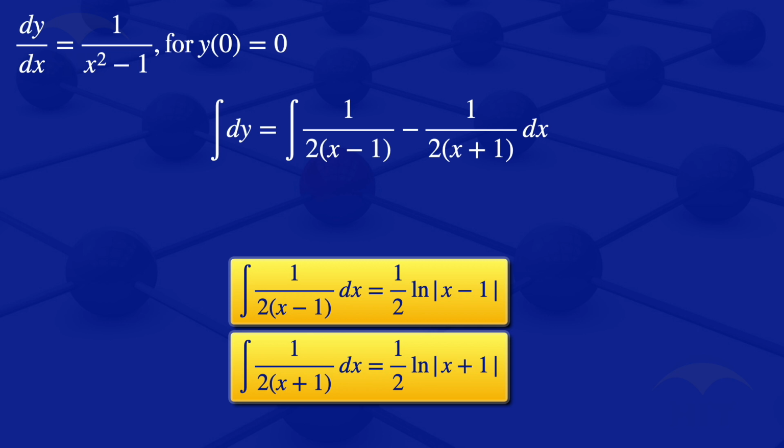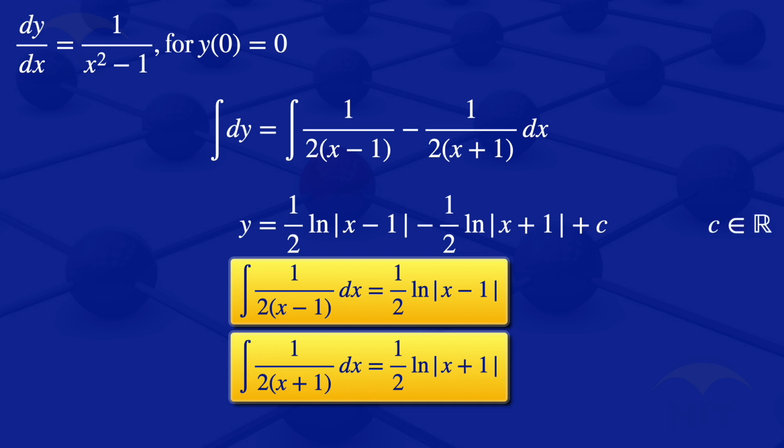So substituting those integrals, we have y is equal to half multiplied by ln of the absolute value of x minus 1, minus a half multiplied by ln of the absolute value of x plus 1, plus c, where c is the constant of integration.